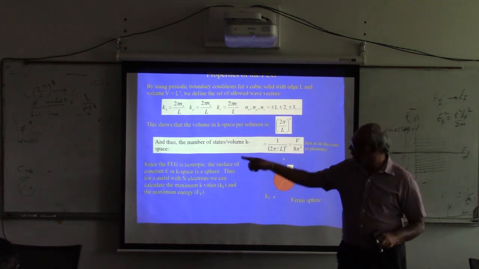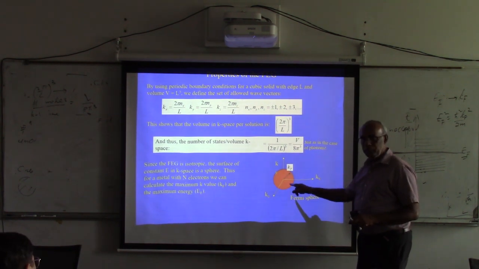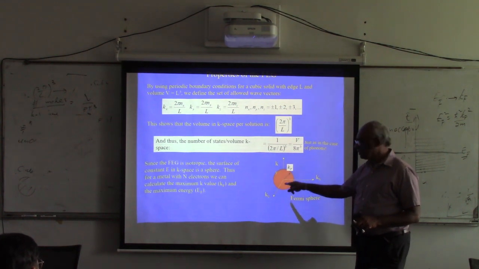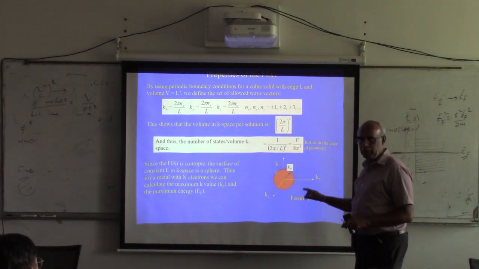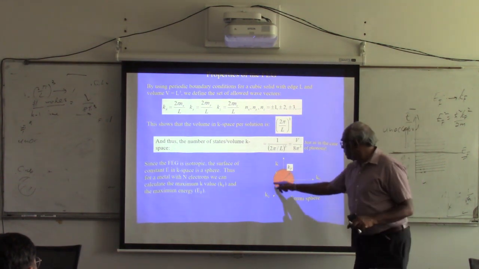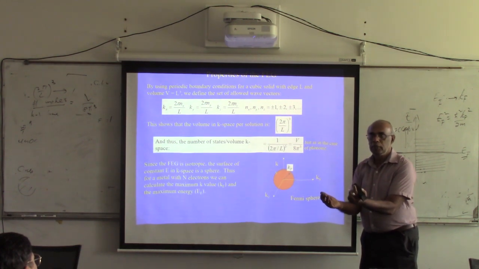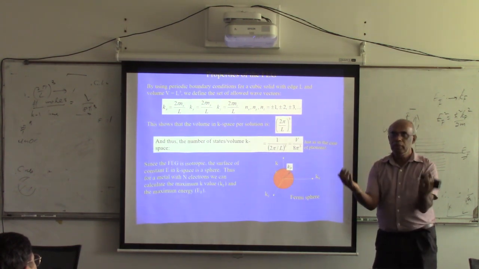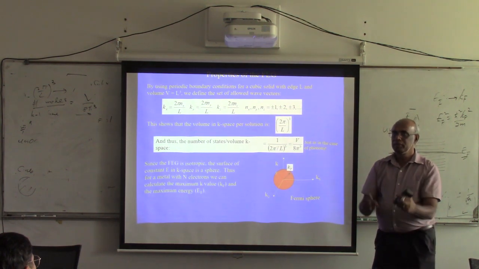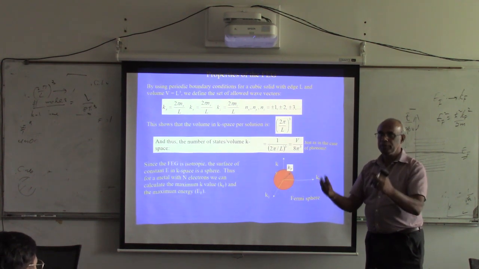Yeah, you can understand what I was trying to say. So what is this orange part? Those are the states filled. All the states outside are unfilled. So that defines the Fermi surface. So what is this surface? It's really the spherical shell, right? So the Fermi surface is the sphere surface.